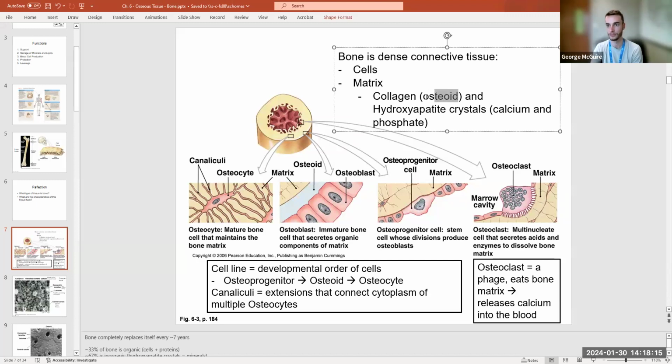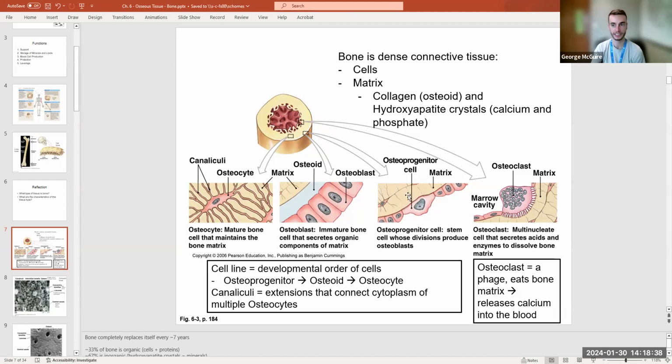Another key term that you may see come up in other sources, I don't use it very much in this slide deck, is osteoid. This term is referring to the organic portion of our matrix. So the osteoid is referring to the collagen fibers that are in that matrix. So just a key term to look out for. Okay.